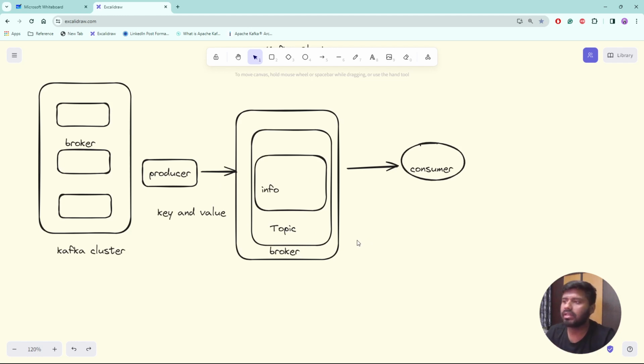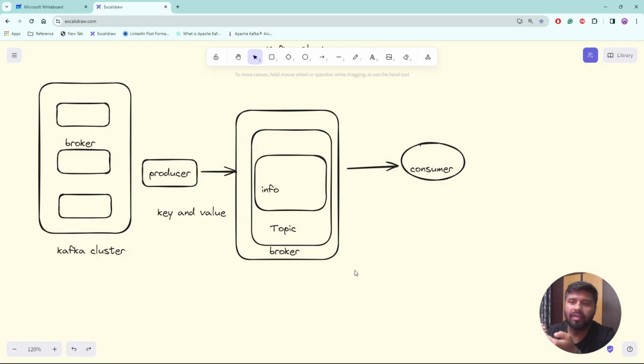Now one more question we can have in our mind, the very basic question: as we have seen, one Kafka cluster can have multiple brokers. So is that something followed for topics as well? The answer is yes.